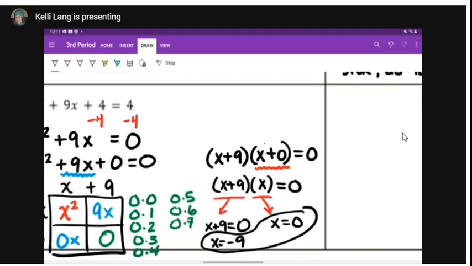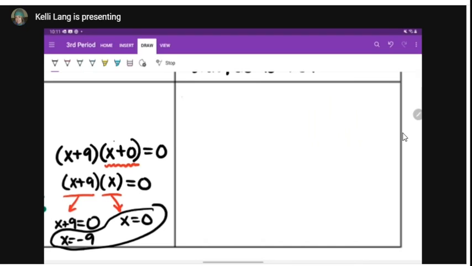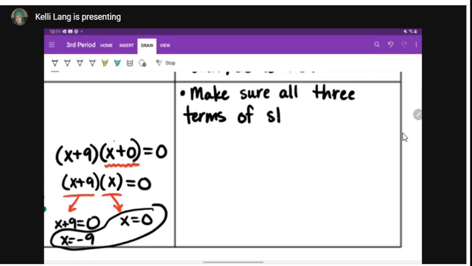But now that we've finished the problem, let's make a note to ourselves on the side about what just happened here. Put it in your own words, write whatever's going to help you remember how to do these problems. I'm going to say something like, make sure all three terms of standard form are included.